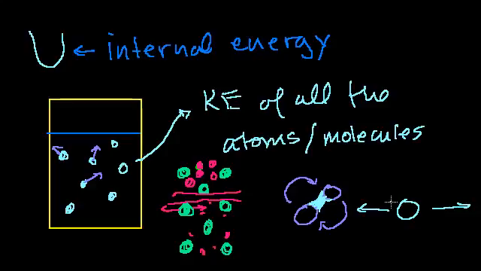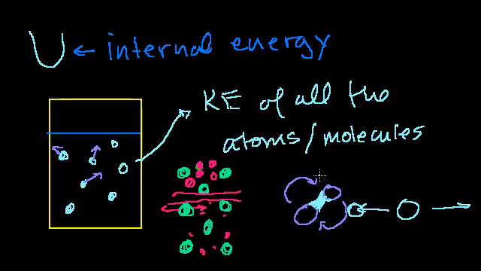When it's at the middle point, it has a lot of kinetic energy. But at this point, when it's about to go back, it's completely stationary for a super small moment, and all of its kinetic energy is potential energy. Then it turns into kinetic energy, then back to potential energy again. It's kind of like a pendulum, where it's actually harmonic motion.